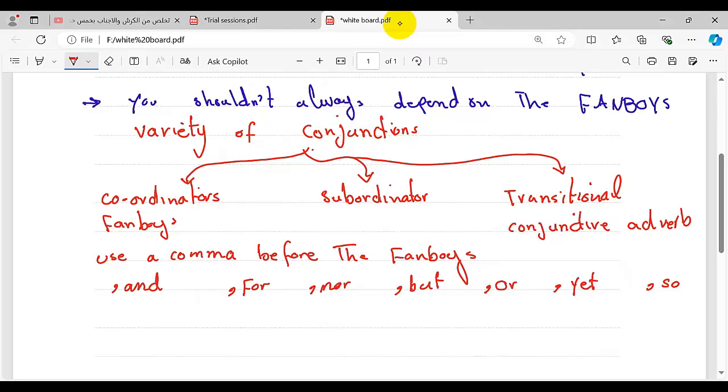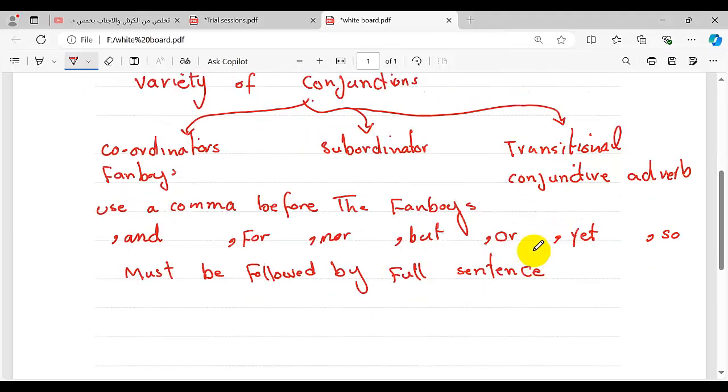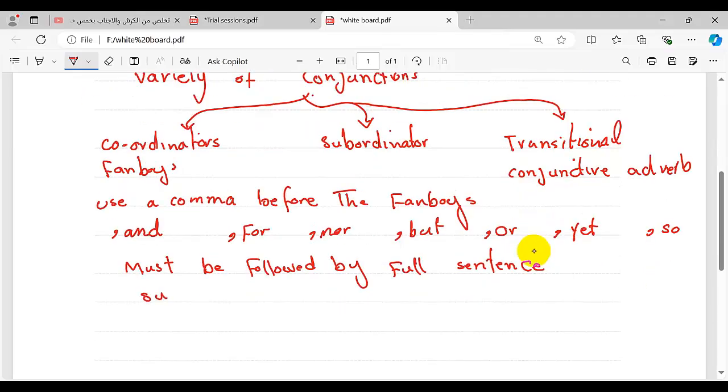All the fanboys must be followed by a full sentence. What I mean is that those 7 connectives must be followed by subject plus verb. In this case you must use a comma before them.